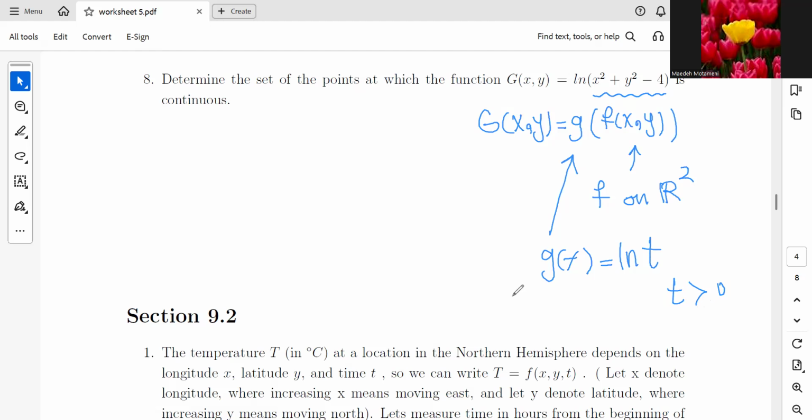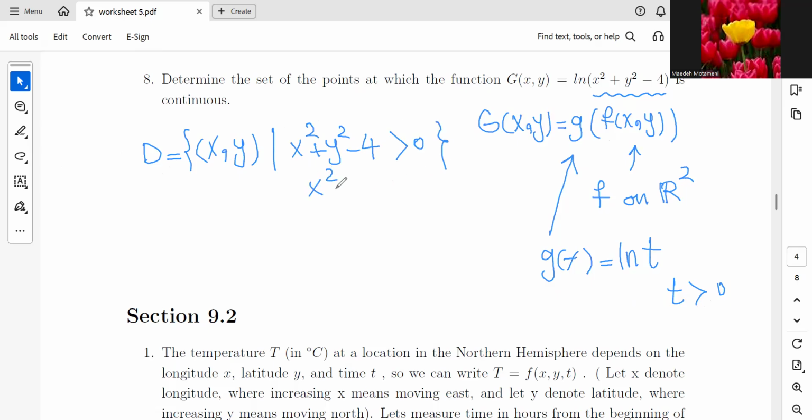So altogether, when capital G is defined and also continuous on its domain, the domain is all x and y values, the pairs, in a way that these two conditions here are satisfied. And it will happen when x squared plus y squared minus 4, which is the input for lowercase g, is going to be positive.